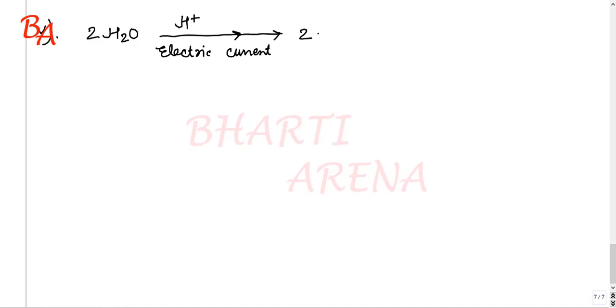Then we get hydrogen, which is a gas, plus oxygen, which is also a gas, and here I missed that water is liquid. So what we see in this reaction is that the decomposition is taking place due to electric current.